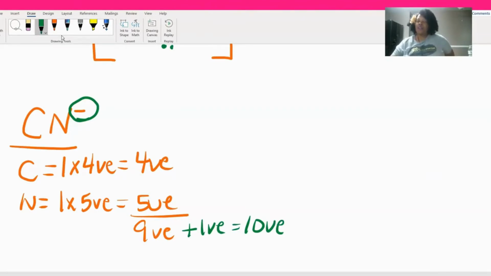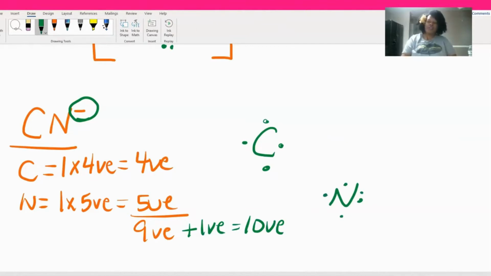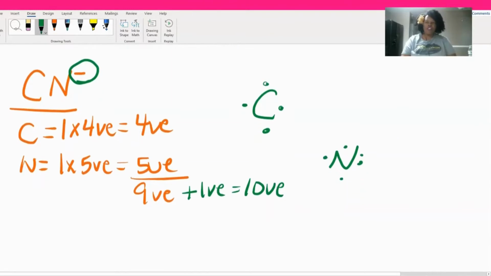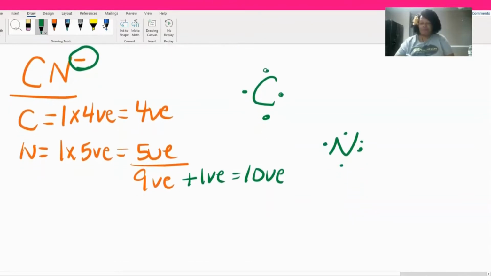Now we're going to do our bookkeeping again and draw 1, 2, 3, and 4. And then nitrogen over here has 5: 1, 2, 3, 4, and 5. Again, you can just use this pre-drawing to check off as you complete the problem. It doesn't matter, all right?